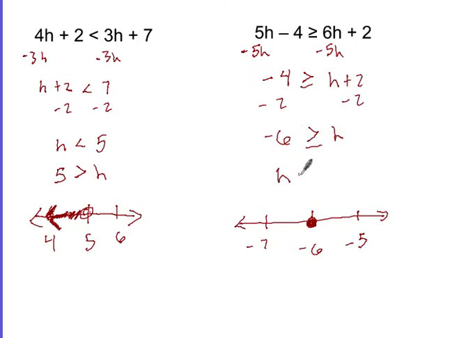I can turn that around and write it as h is less than or equal to negative 6. So if your variable comes first, this symbol will point the direction you need to shade. If the variable comes last, then the arrow is actually pointing the wrong way.